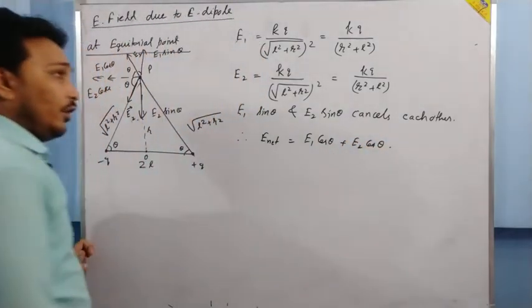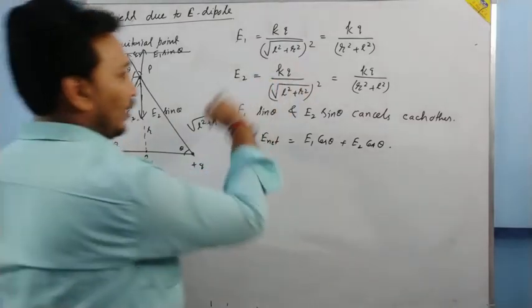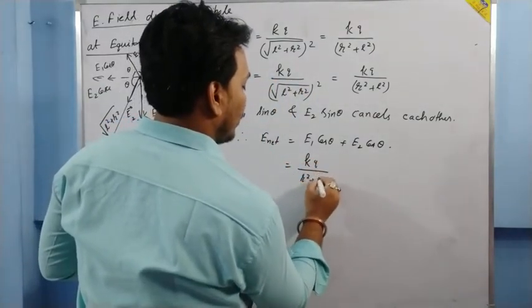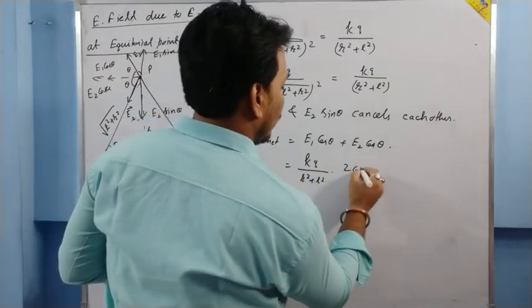Now E1 and E2 both are equal. If we take it common, we'll have KQ upon R square plus L square into 2 cos theta.